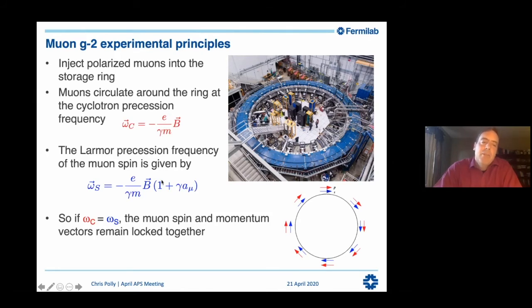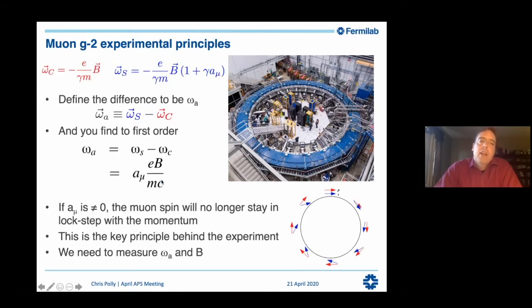When you take the difference of these two simple expressions, something very interesting happens. You find that, to first order, the difference frequency, which we call omega_a, is proportional directly to the anomalous magnetic moment of the muon, so (g-2)/2, times the magnetic field that the muons experience, with some other fundamental constants like e/mc.